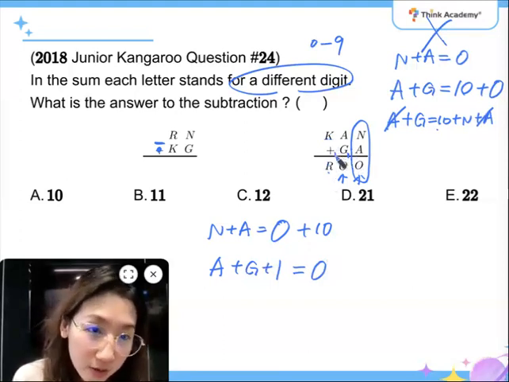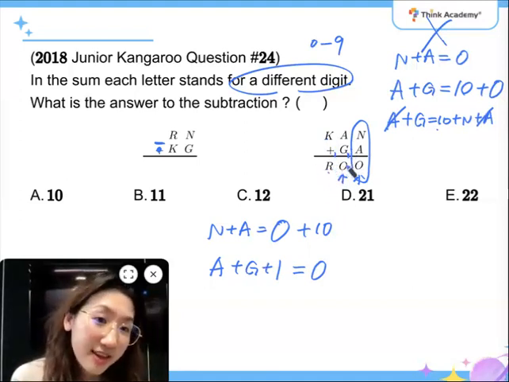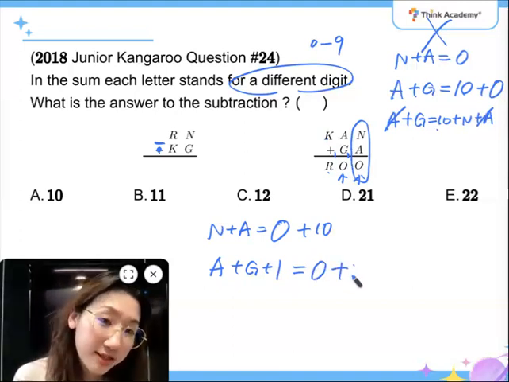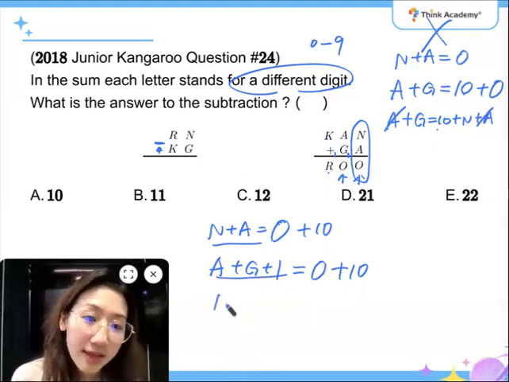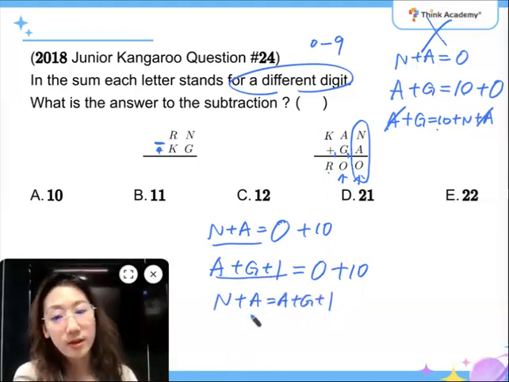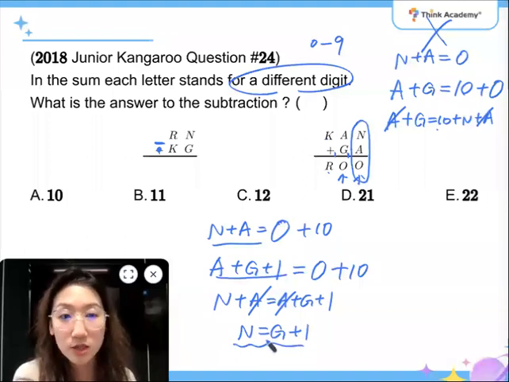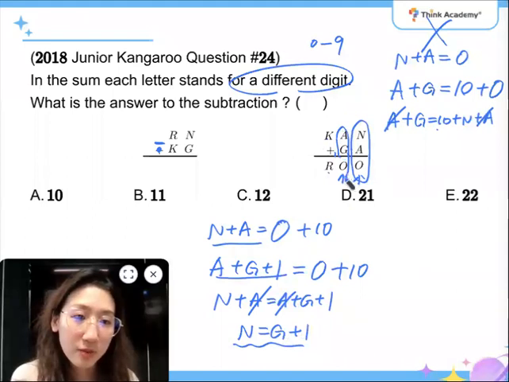So you have to carry another 1 to make them different. So that means A plus G plus 1 also has a carryover. So that's equal to O plus 10 as well. So these two things are equal. That is N plus A is equal to A plus G plus 1. So if the A's are equal, that will leave you with N equal to G plus 1. That means N is 1 greater than G. And now if we look at the last column, we have to deal with the first two columns.